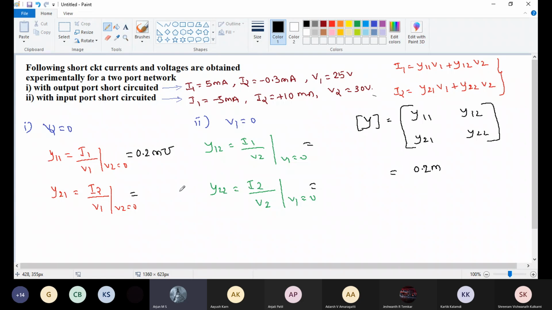Sir, here the formula is wrong, no, sir? Which one? For V2 equal to 0, I1 by V1. Yes, I was seeing Y21. Okay, okay.